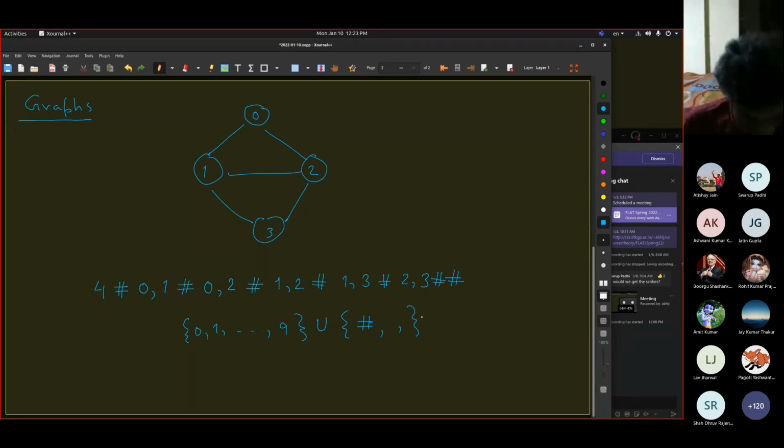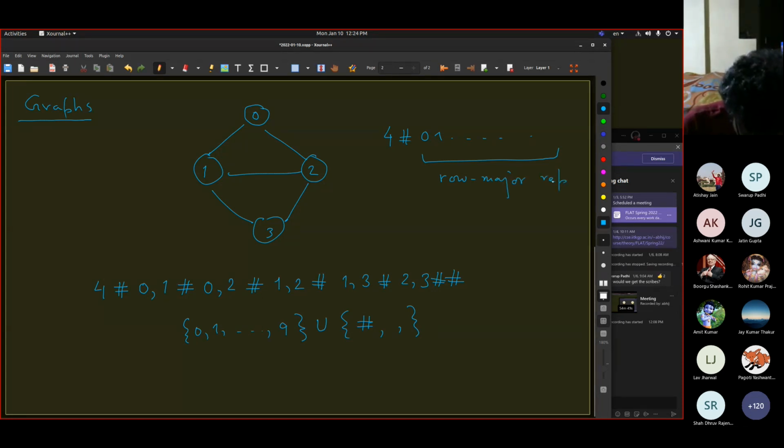Another way is you just write 4 followed by 0 1s, which is basically, I would say, row major representation of the adjacency matrix.